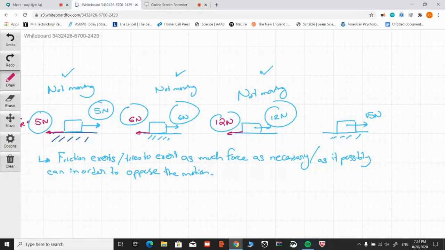The reason the object starts moving is because the friction is not enough to overcome the force that you are exerting. Okay, meaning you're exerting a 12 newton, 15 newton force, but the friction is definitely less than that. তার মানে you have overcome the friction, and as a result the object starts moving.